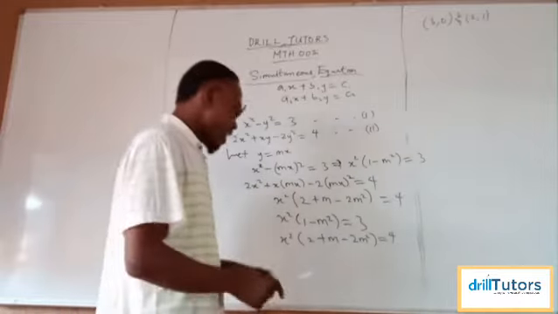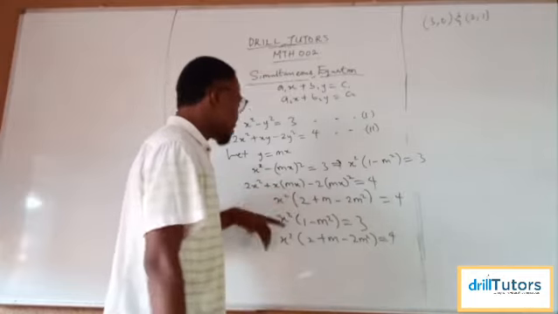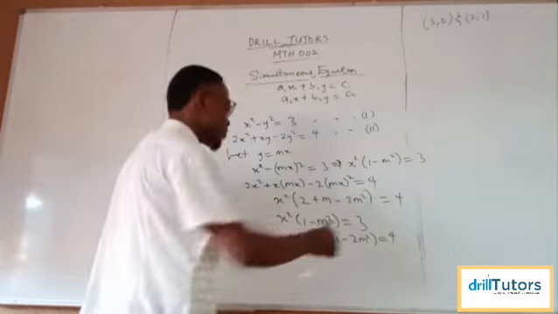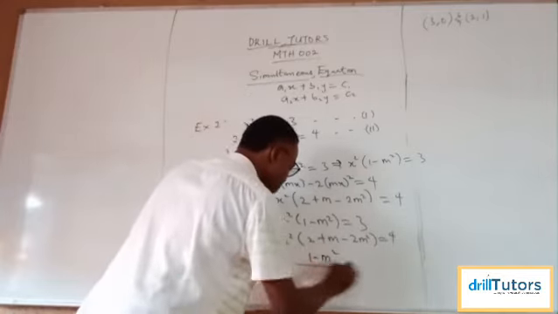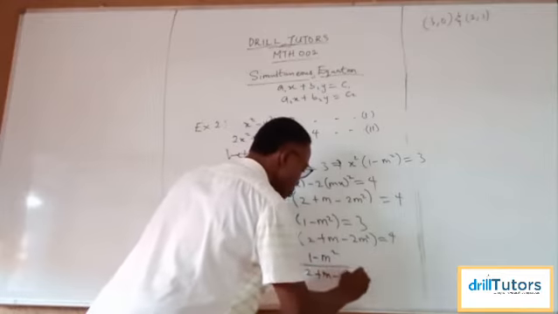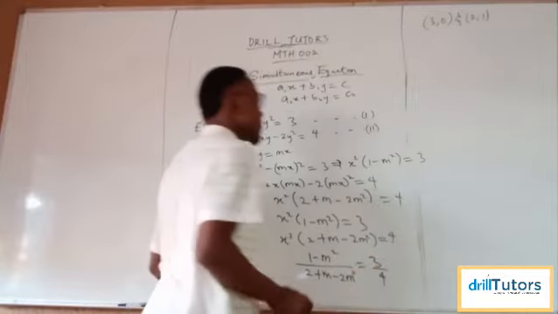Okay, guys, from here now, I'm going to divide these two equations by each other. So this is what I'm talking about. I'm going to get 1 minus m squared divided by 2 plus m minus 2m squared, and that will be 3 over 4.